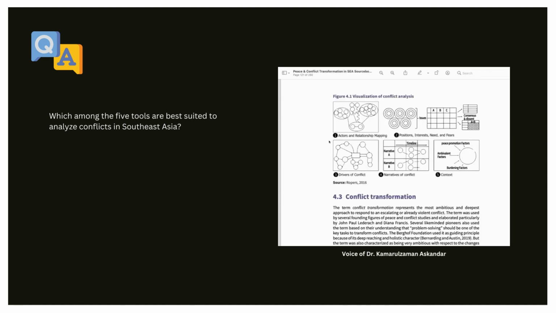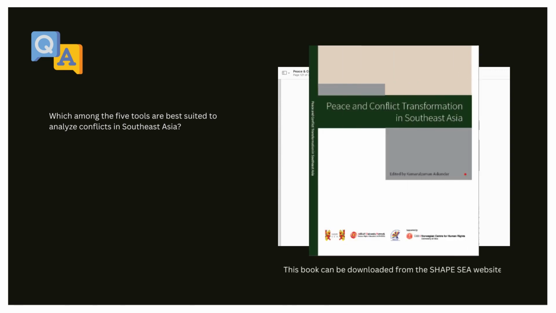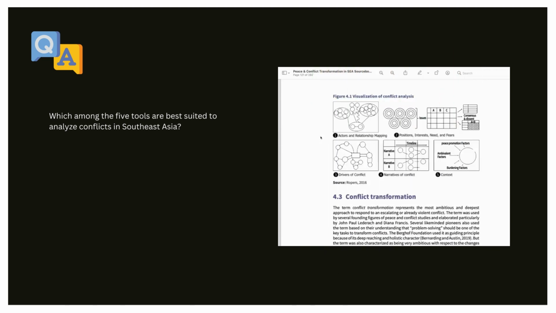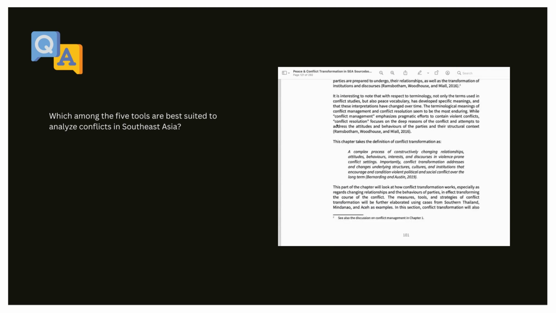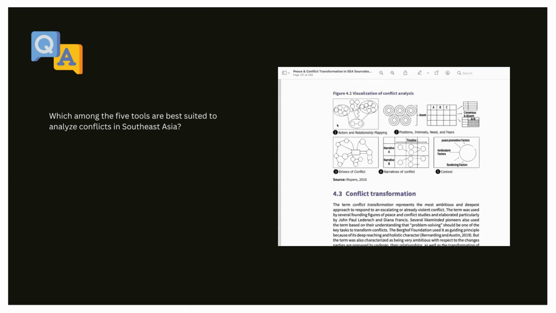Basically, there are a lot of tools for mapping and analysis. And this is from chapter 4 of our book on peace and conflict transformation in Southeast Asia. In figure 4.1, on page 101 in the book, you can see there are a few tools that can be useful, and this is how we have visualized conflict analysis.